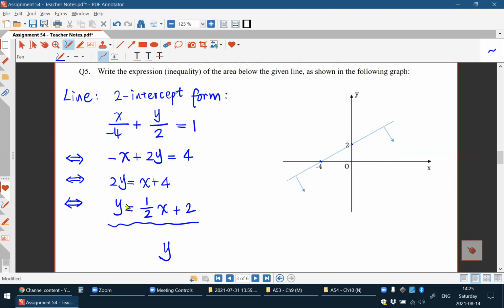So we need to change the equality symbol to an inequality symbol, which is y is smaller than 1/2 of x plus 2. But remember that the line is a solid line. Solid line means the area contains this line itself, so we need to also put an equality symbol, right? Okay. Any questions?